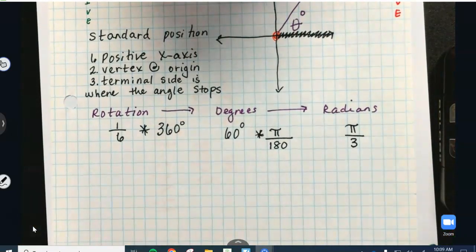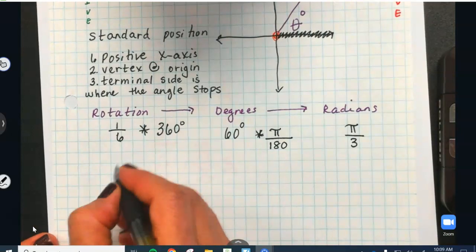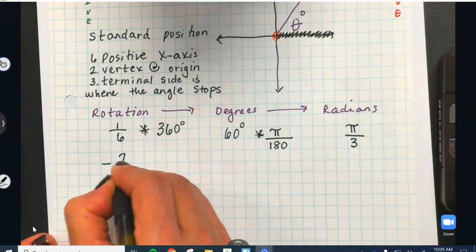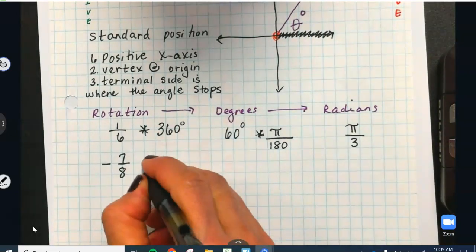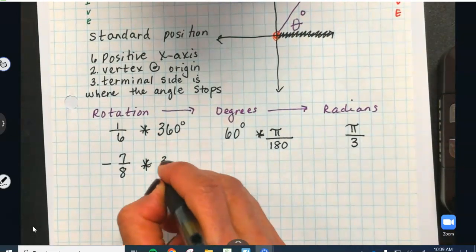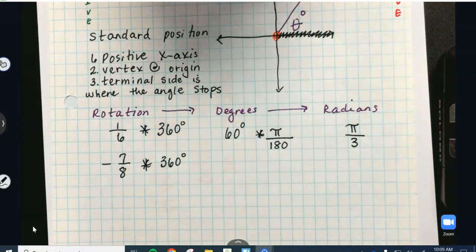Let me try to think of one. It's not going to be too ugly that's negative. Let's say we had a negative 7/8. We're going to do a rotation of negative 7/8. Let's multiply this by 360. I hope this is not ugly. Let's turn on this calculator. Y'all got your calculator, right?